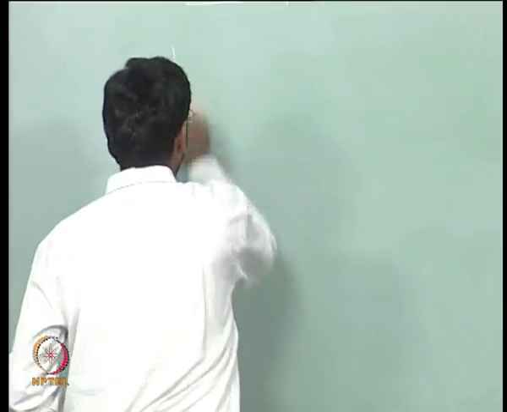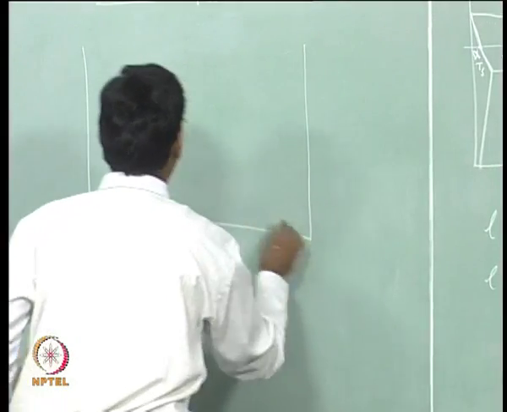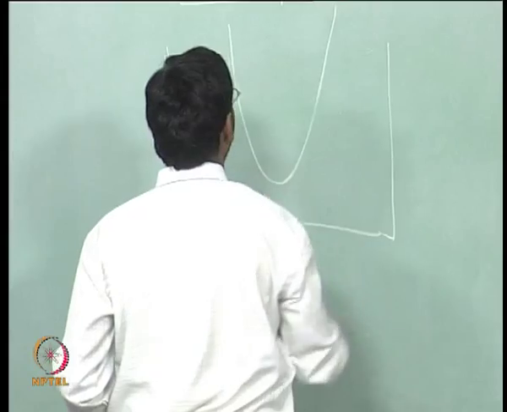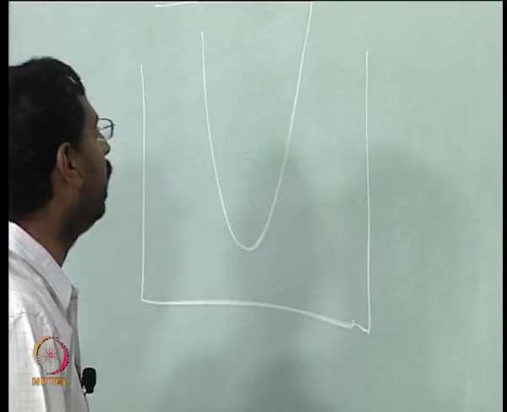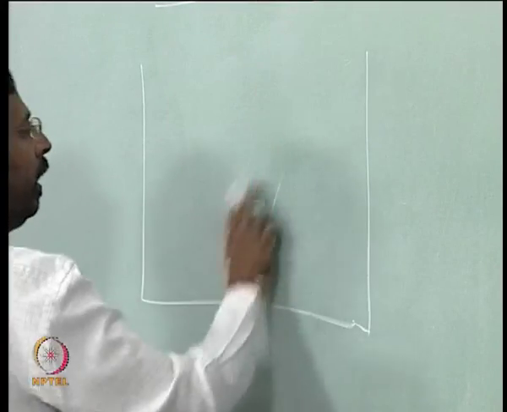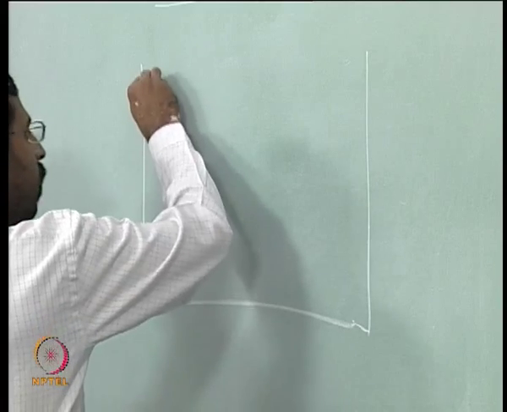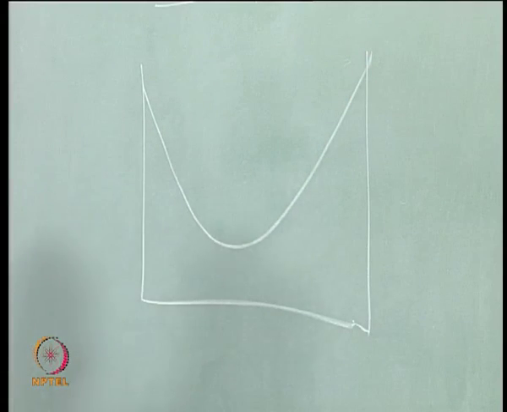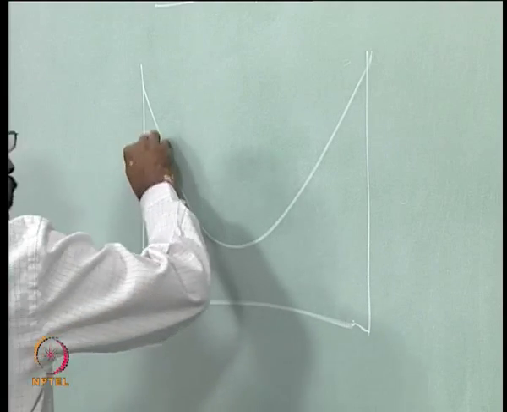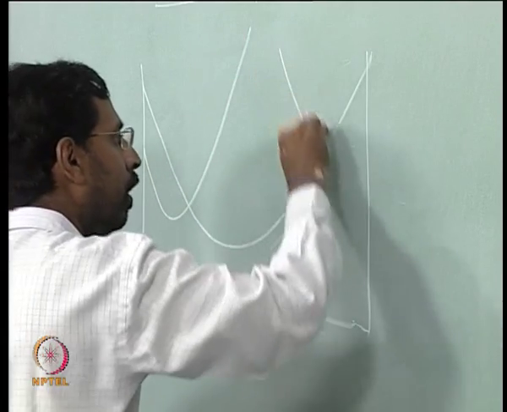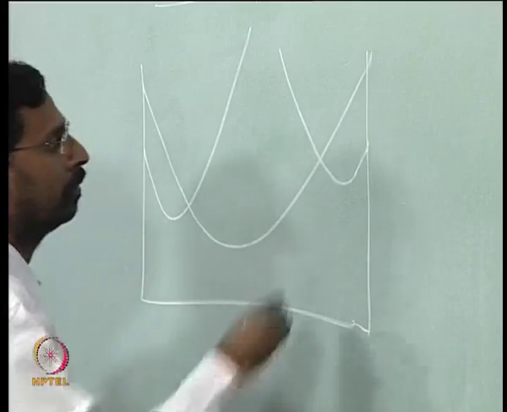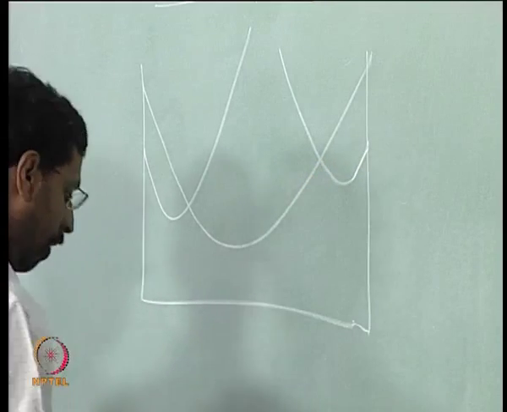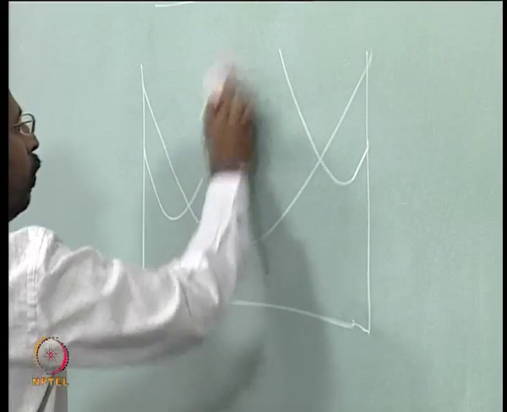Now, let us draw that. So, I have a liquid curve, of course, I need not draw it like this, because liquid extends. I have a liquid curve like this, I have an alpha curve, I have a beta curve. Of course, you may say, sir, why are you closing here?